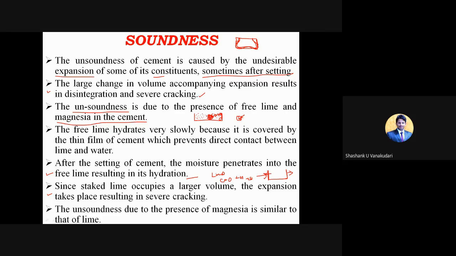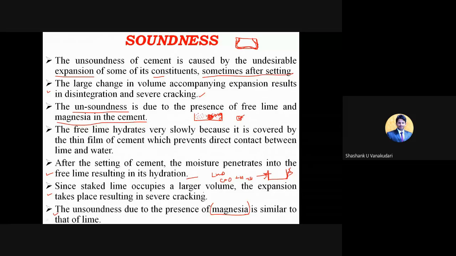After the expansion, the adjacent structural elements are disturbed, and then cracks form within the concrete structures. The unsoundness due to the presence of magnesia is similar to that of lime. This magnesia also causes unsoundness within the structures. Unsoundness means expansion in the concrete or cement volume.